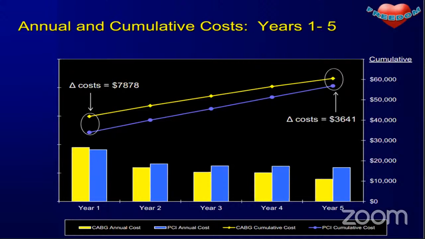The initial cost is higher for CABG, but not all CABG patients have frequent interventions afterward. I'm not sure why they have those listed in year 2, year 3, year 4; they're definitely not undergoing redo CABGs for that group.